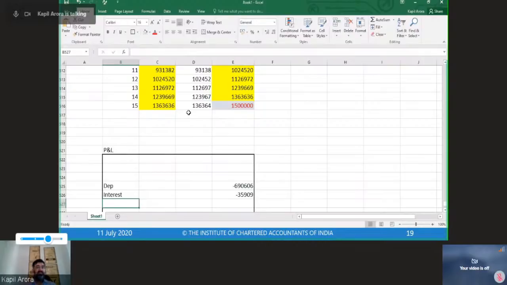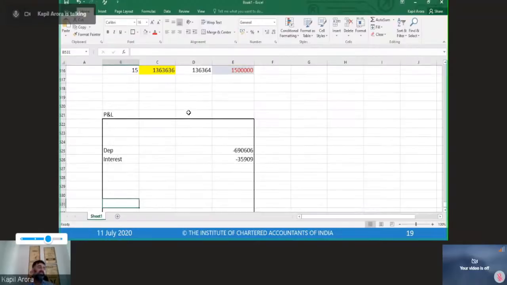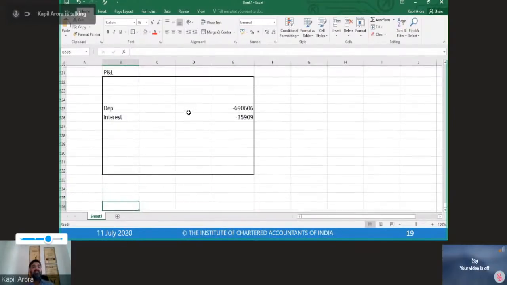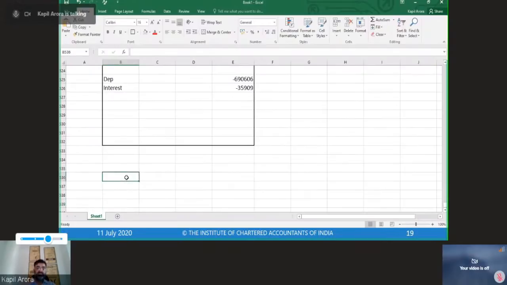What happens when we have a decommissioning liability? Is it common in nature? Yes. For example, I give you some live examples here. Let's assume you have taken land on lease for 20 years.